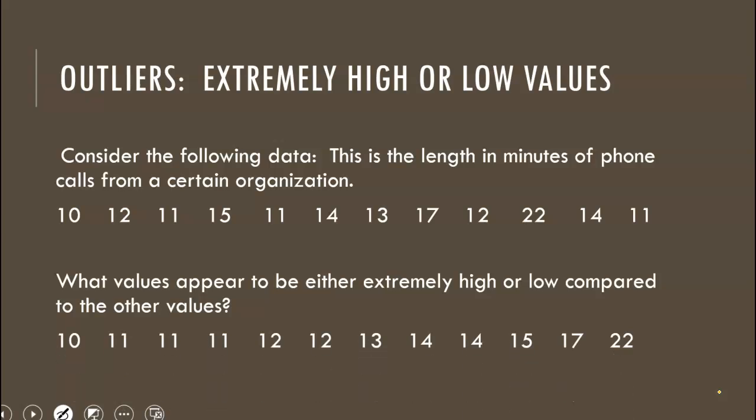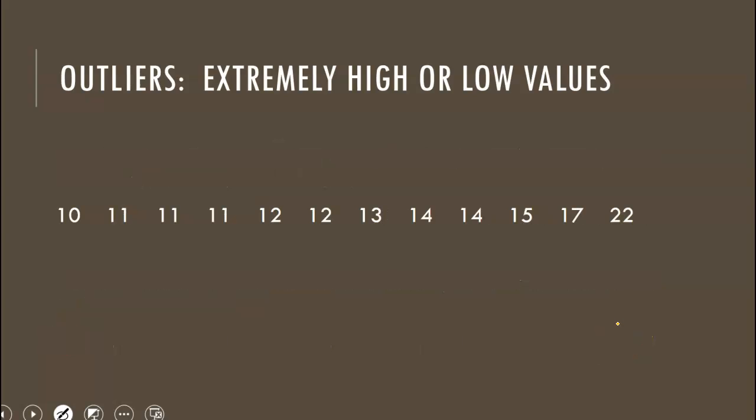And we can make arguments right now if we think that 10 would be considered too low of a number, or 22 maybe is considered too high compared to the other values, that we might determine that those values are considered outliers. And whether our arguments are good or not, there is a mathematical way to determine whether or not a specific number within a data set is an outlier. And so that's what we're going to talk about today.